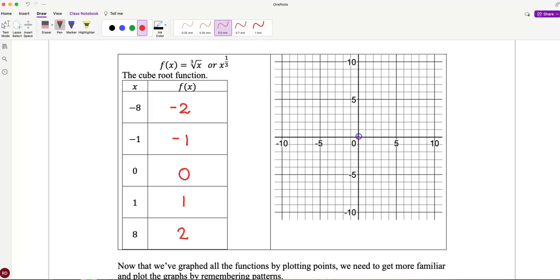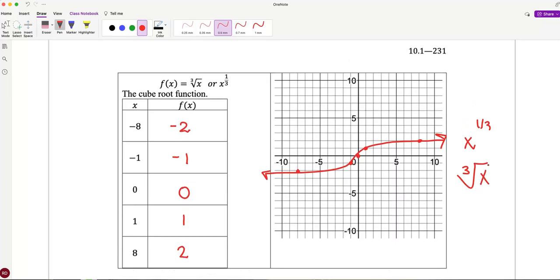So 0, 0, 1, 1, 8, 2. And then -1, -1, -8, -2. So this one sort of looks like this. This is x to the 1/3, or the cube root of x.